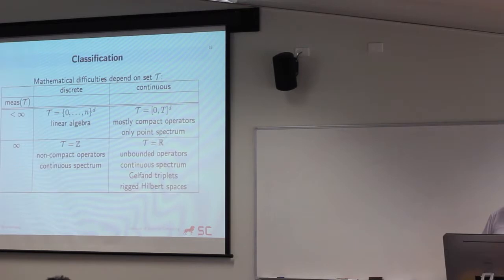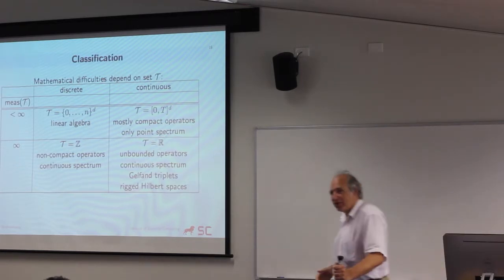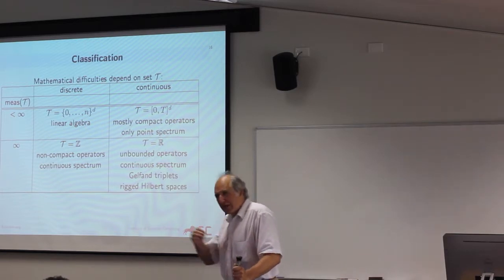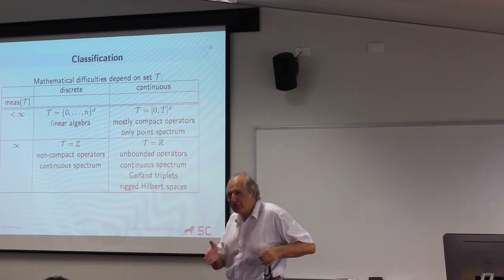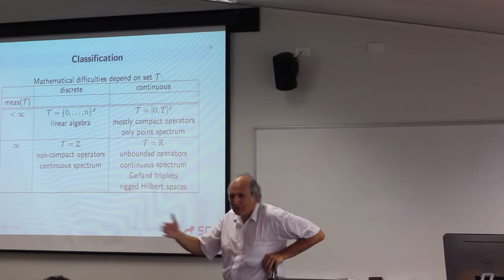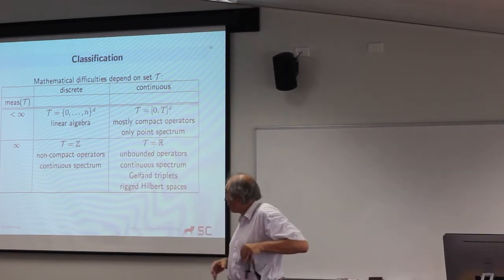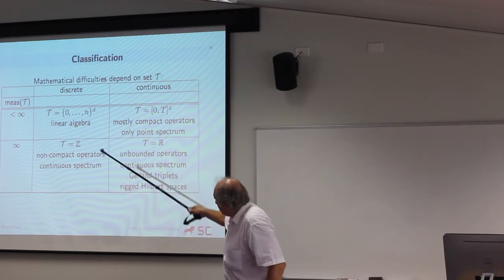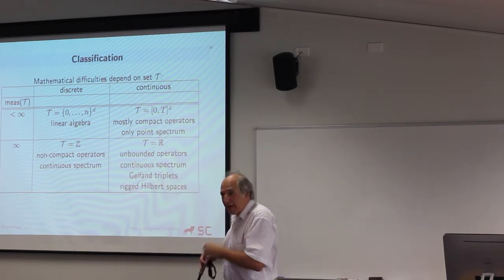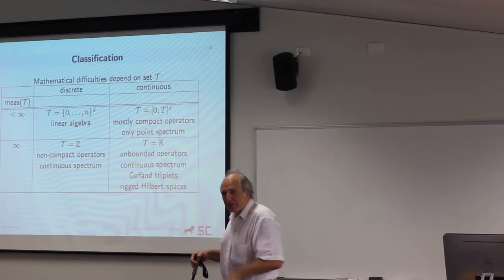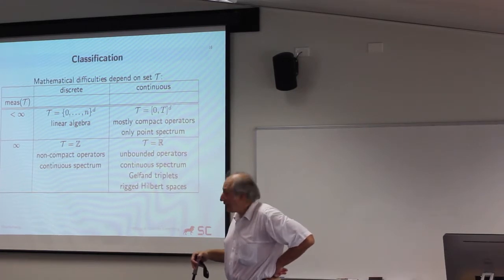So there's a little bit of classification now of what problems and difficulties arise. Of course, if you come to an integral, you don't have discrete eigenvalues. You have a spectrum of eigenvalues, a continuous Fourier transform. I will not go into this. But if your set T is just n points, then it's simple. It's the first example I have. Then everything is linear algebra.